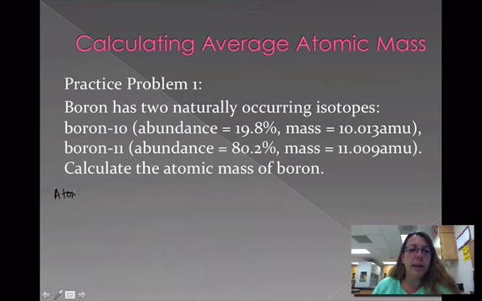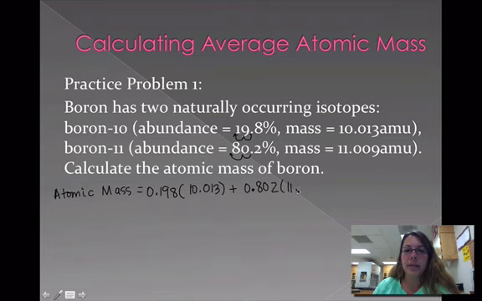So the atomic mass of boron has to be equal to the percentage of my first isotope, and I want to use the decimal version of both of these. So I would put 0.198 multiplied by its mass, plus the next isotope's abundance times its mass.